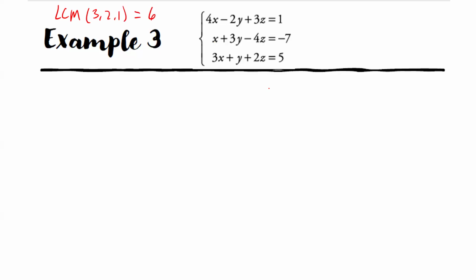So I'm going to change each one of these so they have a Y of 6. How can I change 2 into a 6? Times 3. I'm going to have to multiply the entire thing by 3. How am I going to change 3 into a 6? Times 2. And how am I going to change 1 into a 6? Times 6.